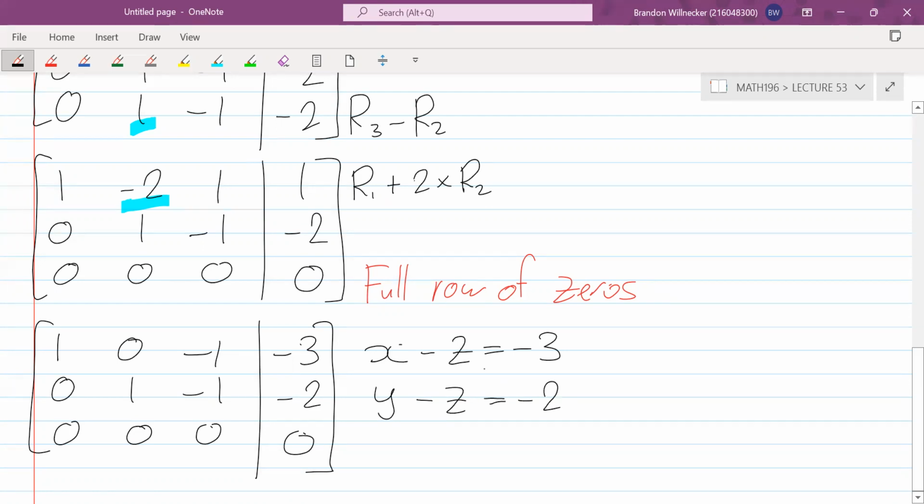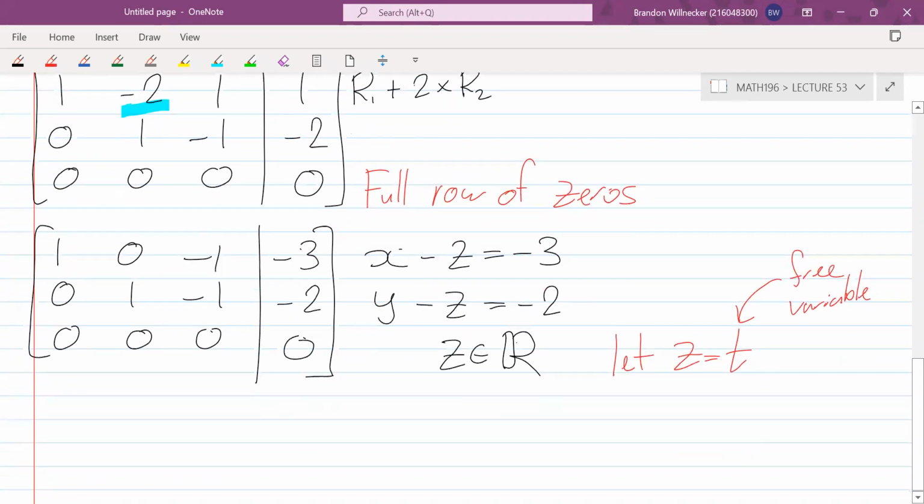So there's no other restrictions on z. So z can be any real number. Okay, now we can just leave it as z being the free variable, or you might see in other places, they'll say, let z be equal to t, where t is some free variable. Okay, so it's just a renaming.